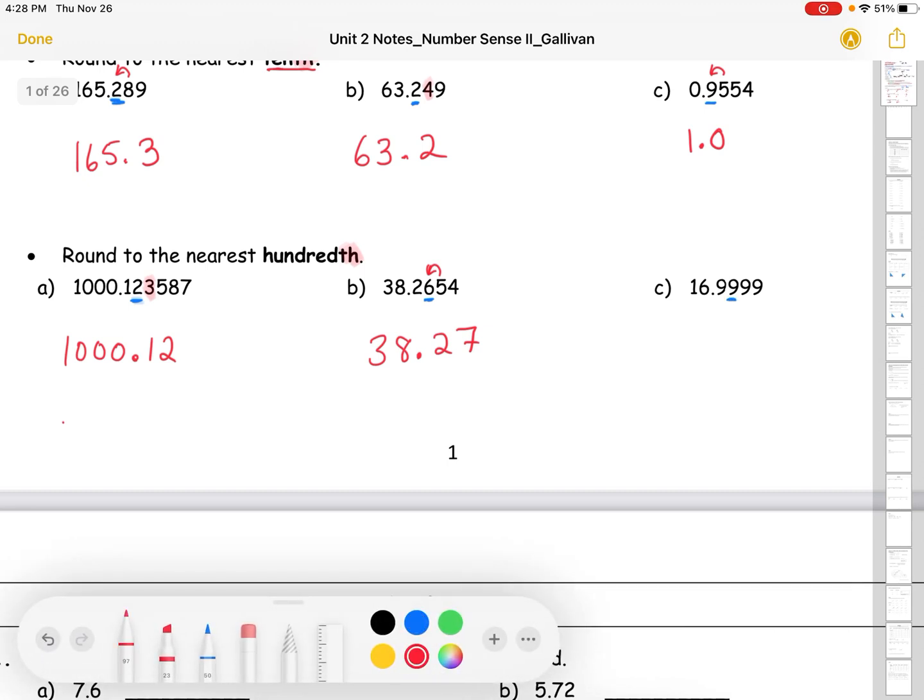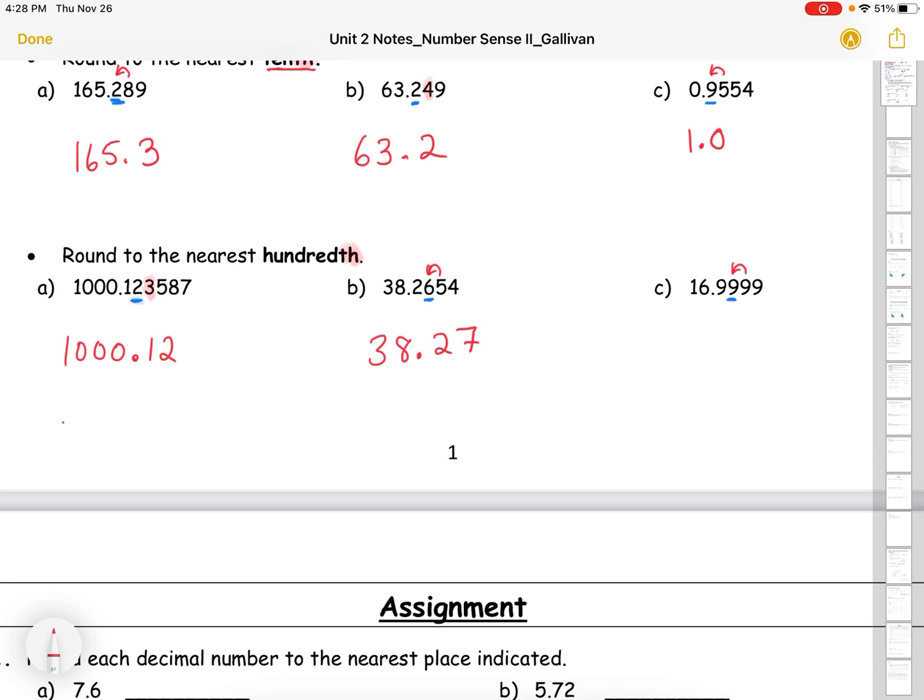And then our last one here, it's this 9 here. We look at the number to the right. It's going to round it up. Again, it's going to change it to a 10, which is going to round everything up, because that will then change the next 9, and it will round up. So we will get 17.00. It can be kind of tricky when you have those 9s. You have to watch what's happening.